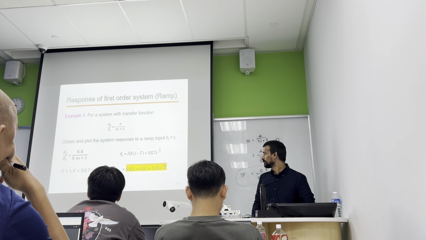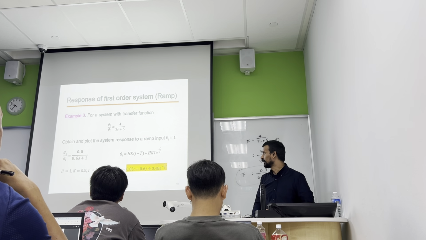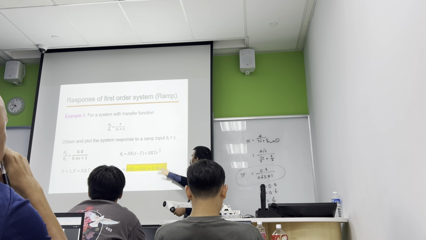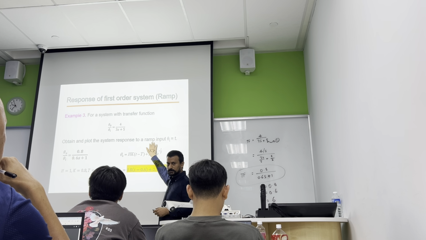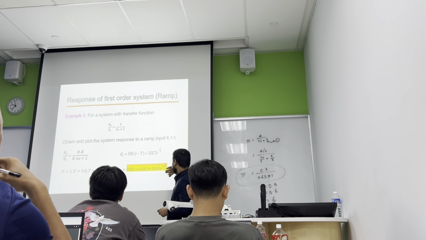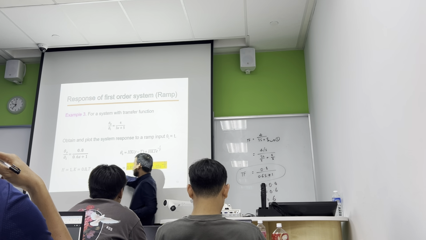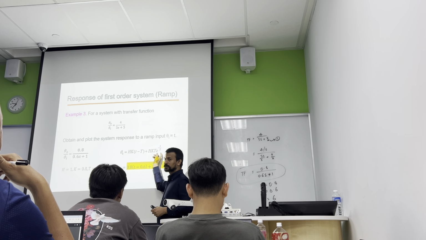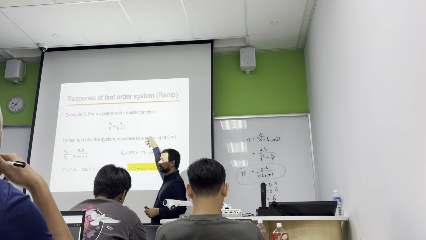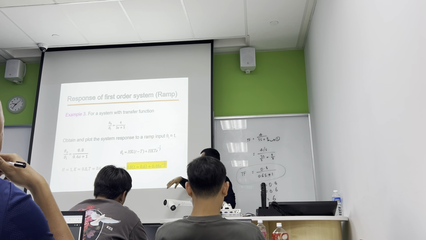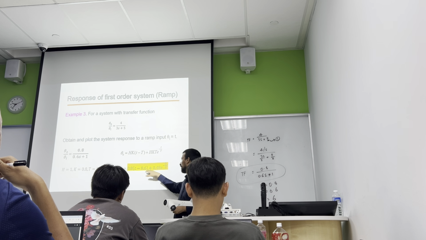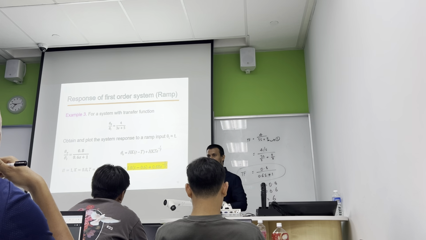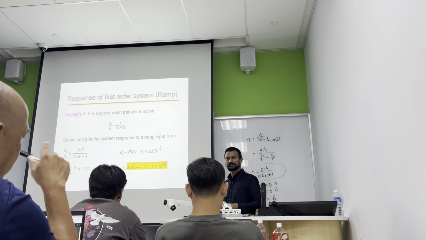Here is the same number, but you can see it's a ramp input. We have three values. The formula is different because it's ramp input. Then use the respective formulas and substitute, and you get the equation. The small t, just t unit.